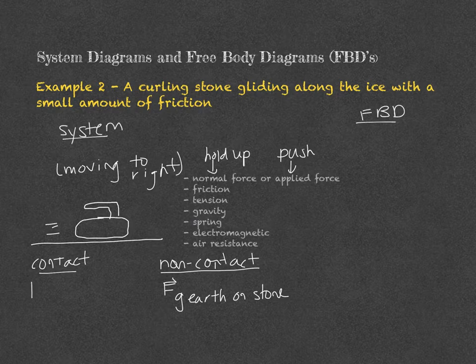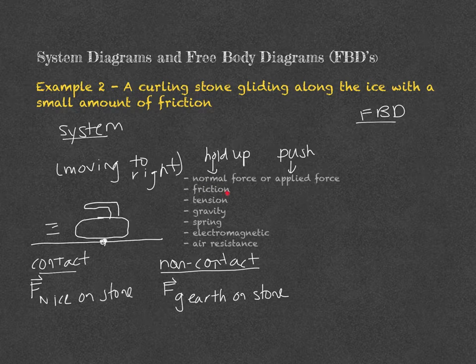So let me just write that normal force. What is holding it up and stopping it from going towards the center of the earth from gravity? That's the ice underneath it. So we do have the ice underneath it holding that curling stone up. So I'll list that the normal force is of the ice on the stone.